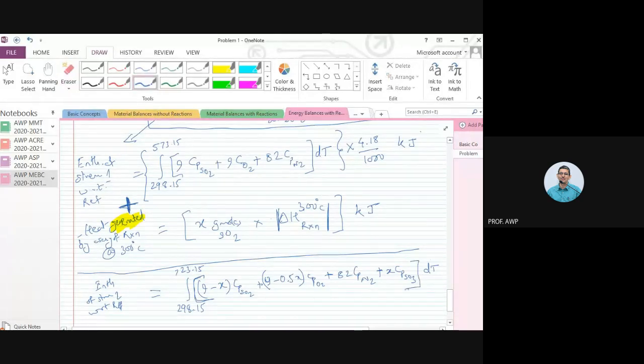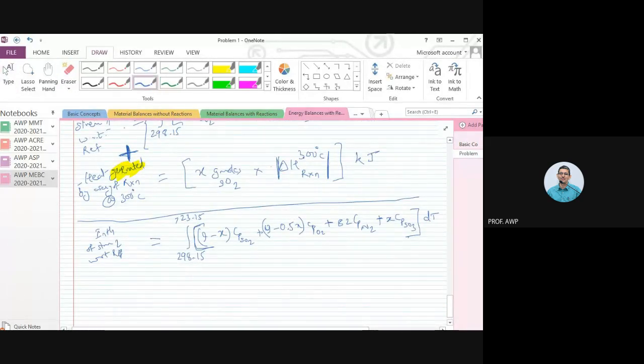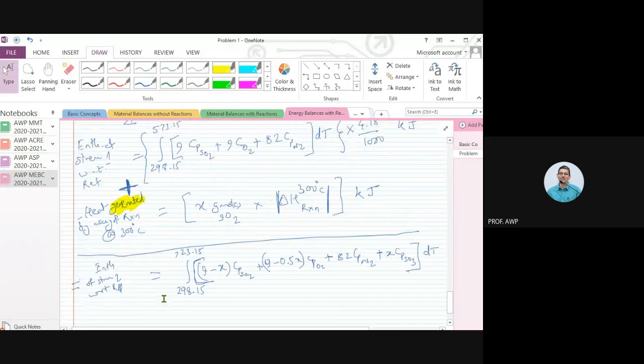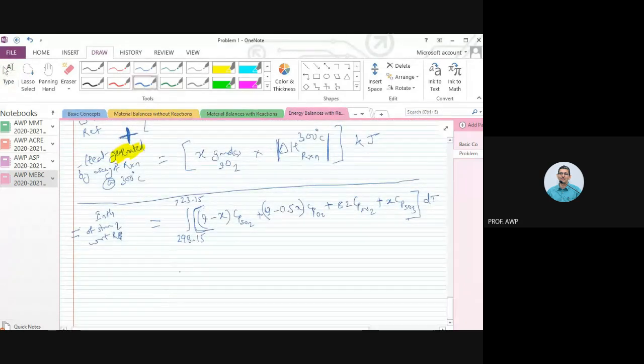This plus this must be equal to this. Solve for X. Is that okay? Let's take one or two more problems so that we are all comfortable doing all these calculations.